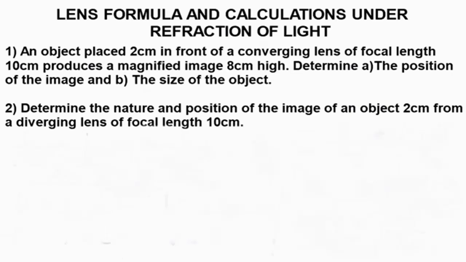For question 2, it says determine the nature and position of the image of an object 2 cm from a diverging lens of focal length 10 cm. For this question, we have a diverging lens, which means our focal length will be negative. So the lens formula will be 1 over minus f equals 1 over u plus 1 over v.